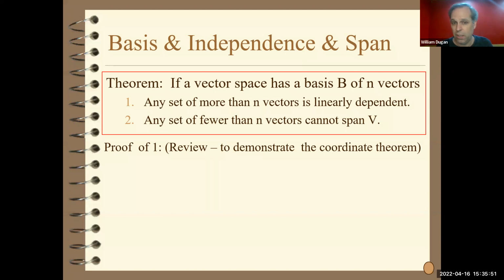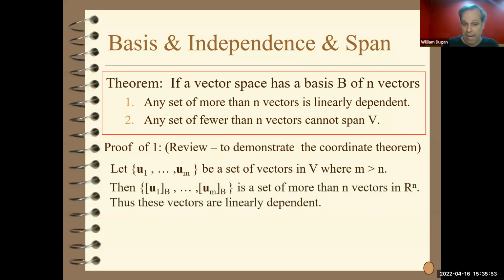So doing it quickly, let's suppose you have a basis of n vectors for the vector space V. And now just assume that we have m vectors in that space, and m is more than n, which is the number of vectors in the basis.